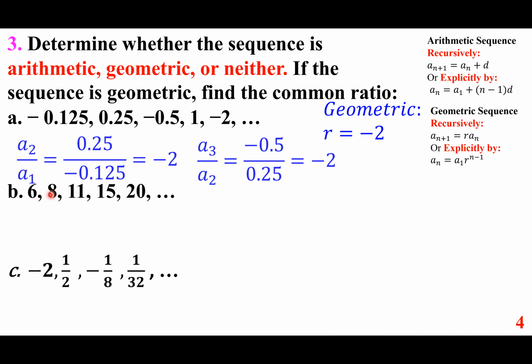If we divide 8 by 6, 11 by 8, we notice the ratio is not the same: 8 over 6, 11 over 8, 15 over 11, and so forth. We notice the difference is not a constant either. So a sub 2 minus a sub 1 makes it 2, but a sub 3 minus a sub 2, 11 minus 8, makes it 3. They're not equal. So it's neither an arithmetic sequence nor a geometric one.